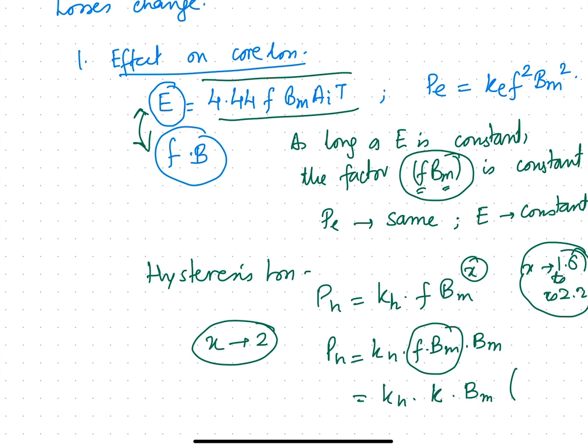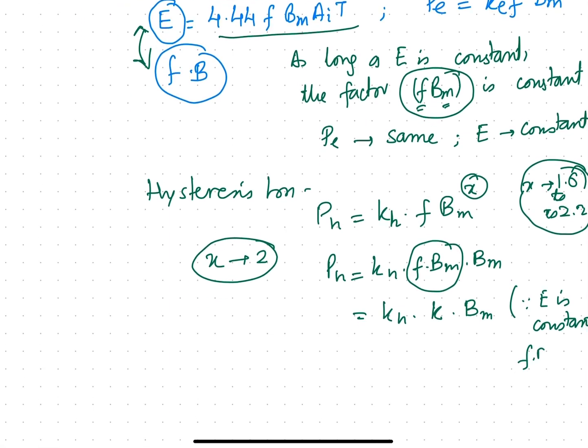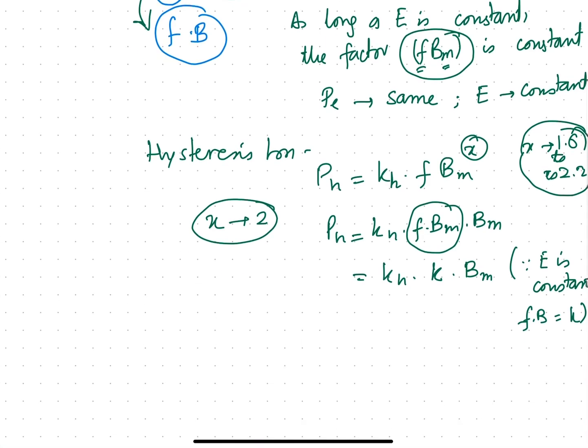Since E is constant, f into B is equal to K. So what happens here? Then you can say that this is Kh times K by f. So you get this frequency term in the denominator.